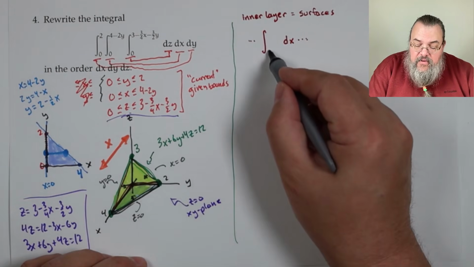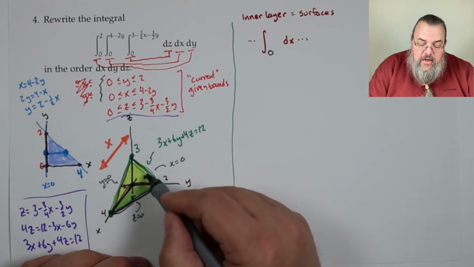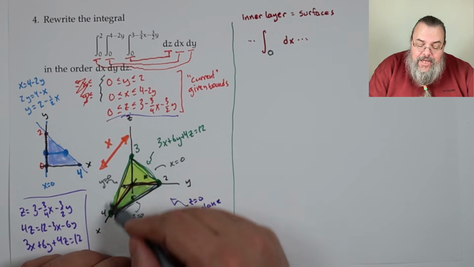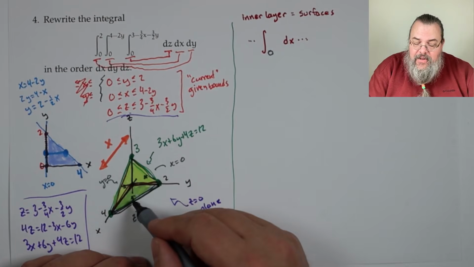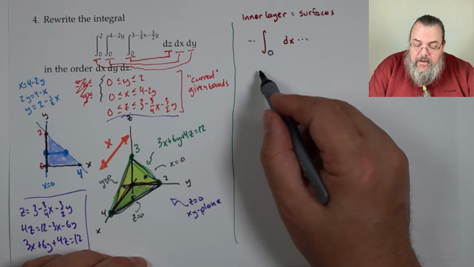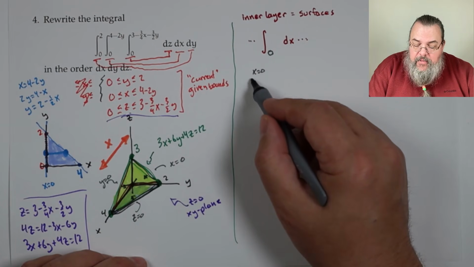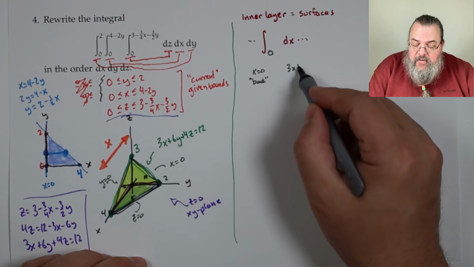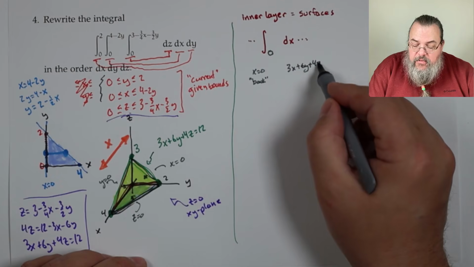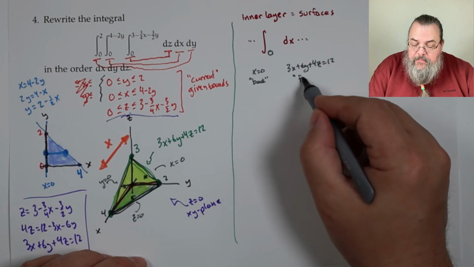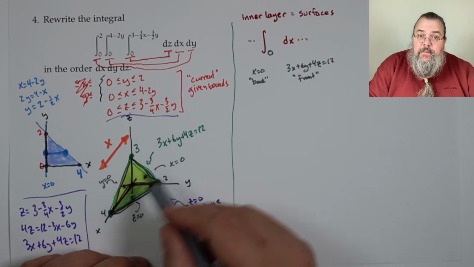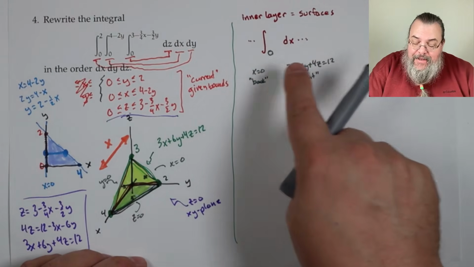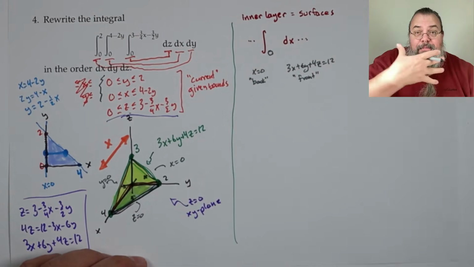So we're going to go from 0. And now, when we move forward, what do we hit? We hit the slanted face. All right, so we get from x equals 0, this is our back. And this 3x plus 6y plus 4z equals 12, this is the front as we move. But I can't put 3x plus 6y plus 4z equals 12, because when we talk about dx, we have x bounds.